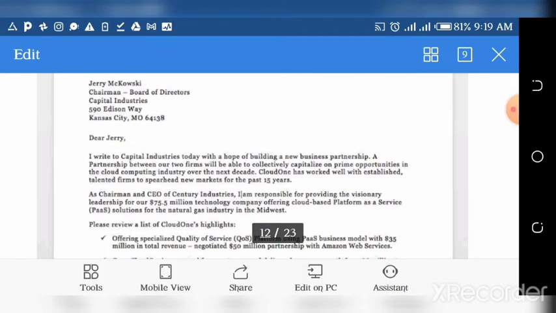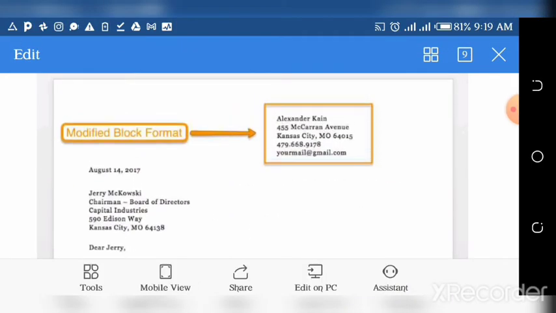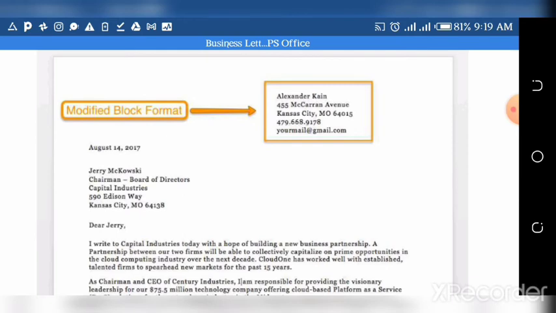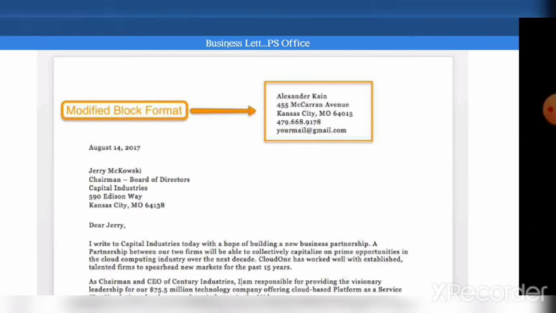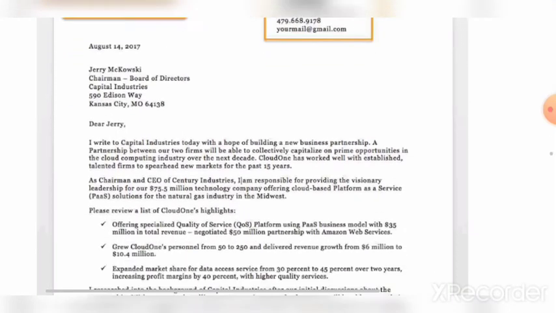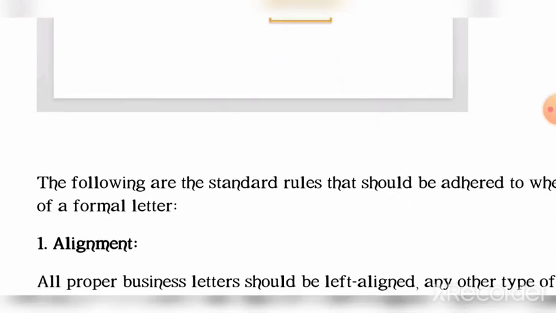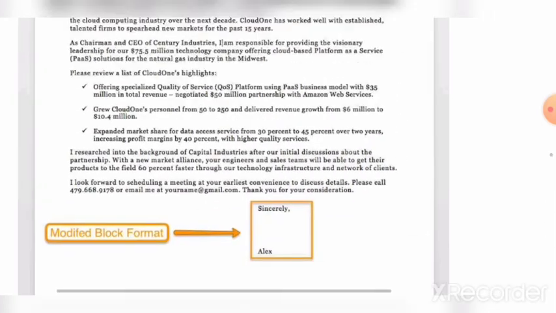Actually, it is kind of the former way we used to write letters previously in our secondary schools, whereby the sender's address was right aligned, and the others left aligned, and so was the closing. So that is it about that.